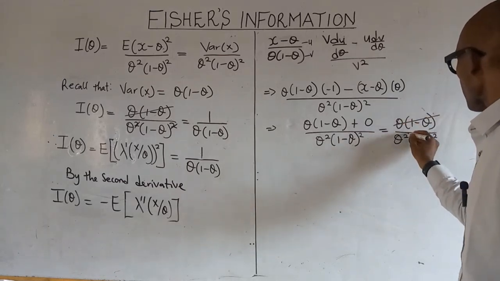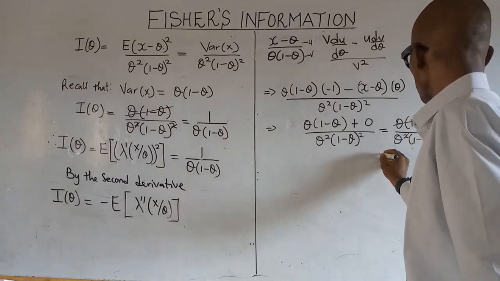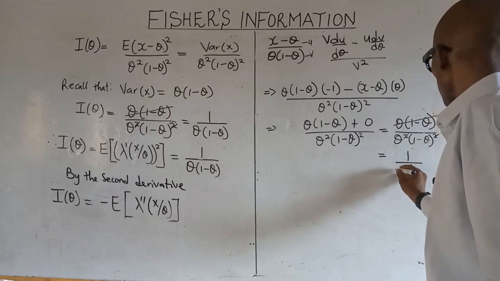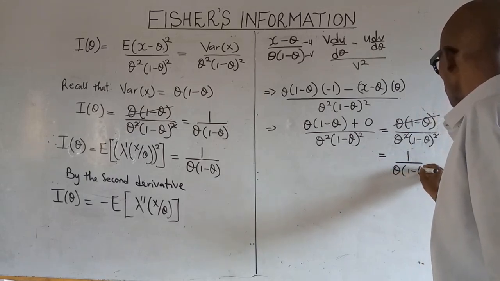So this can cancel this. We will now be left with 1 all over theta times 1 minus theta.